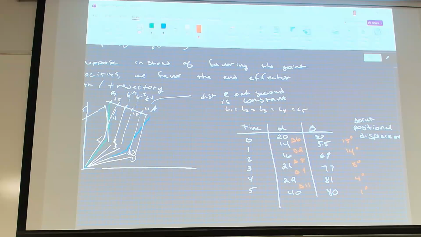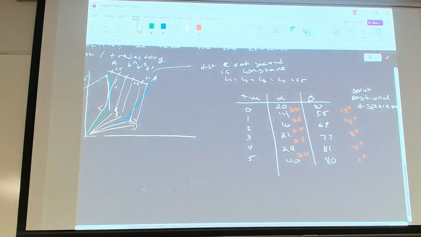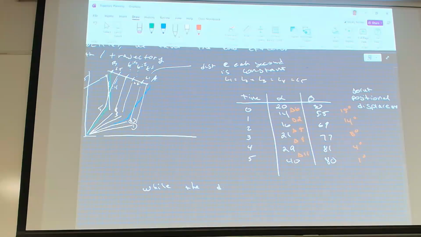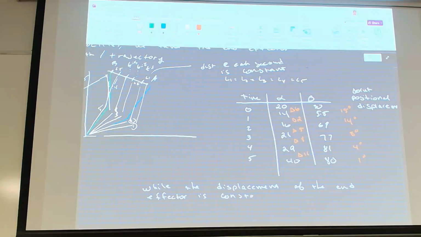So, you know, while the displacement of the end effector is constant, it forces large torques.